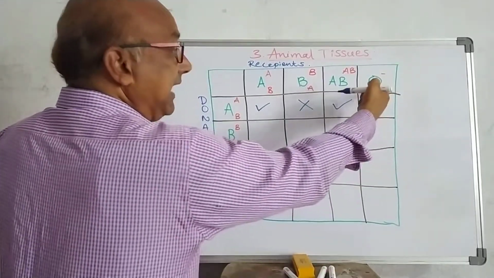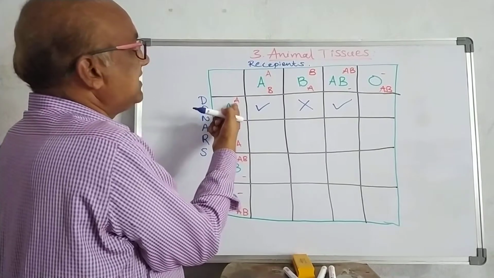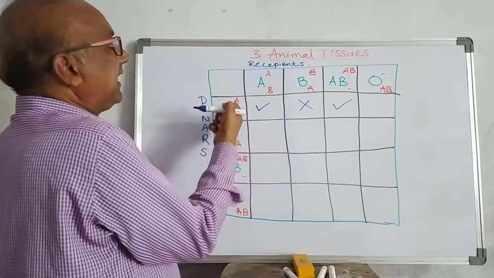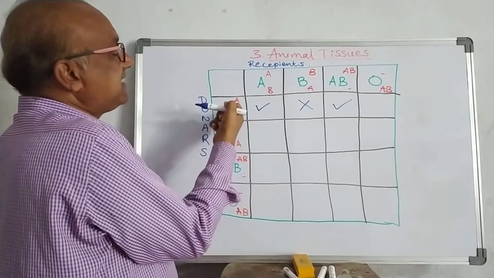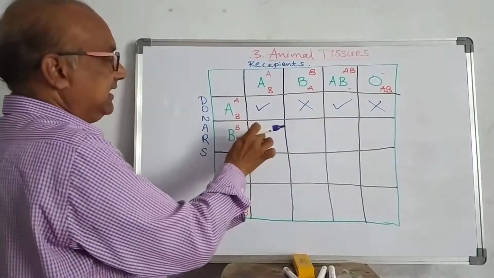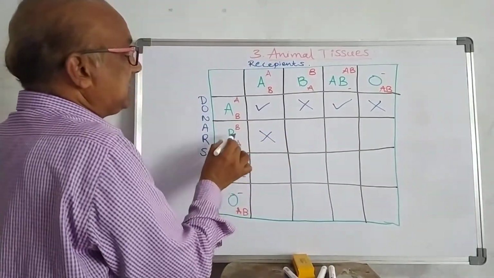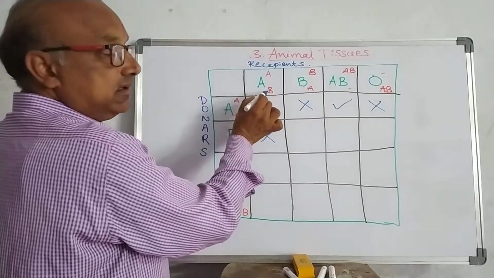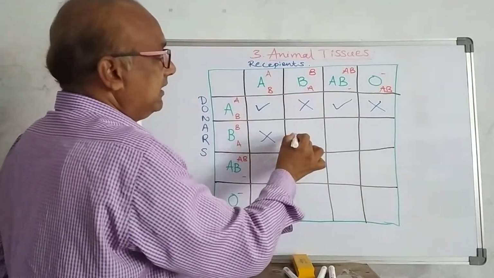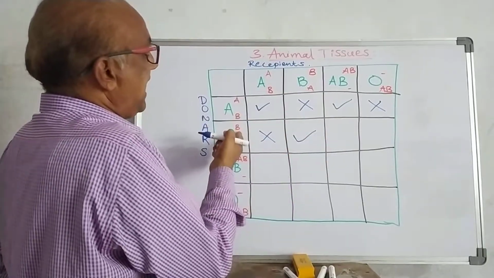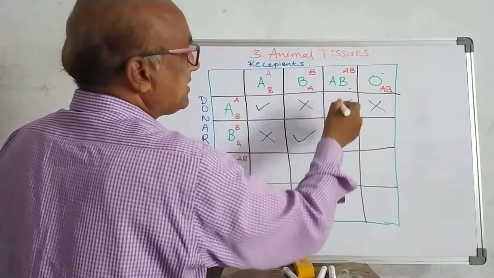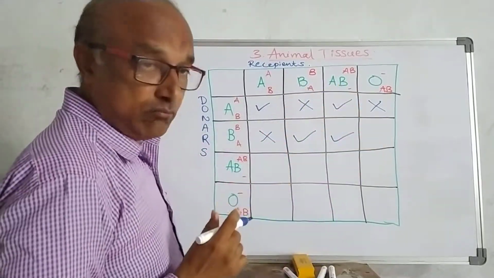Here antibodies A and B are present, here antigen A is present. So the antibody A will react with antigen A and form clumps, so it is not suitable. Here not suitable, because antigen B reacts with antibody B. Here suitable, because antigen B cannot react with antibody A. Here suitable, because no antibodies.